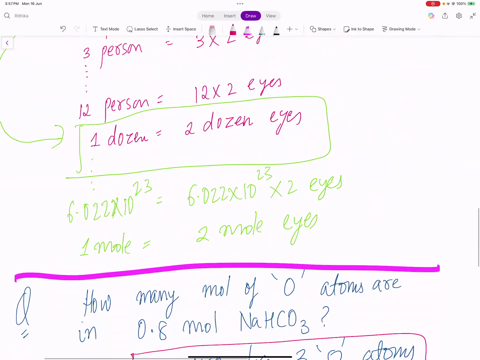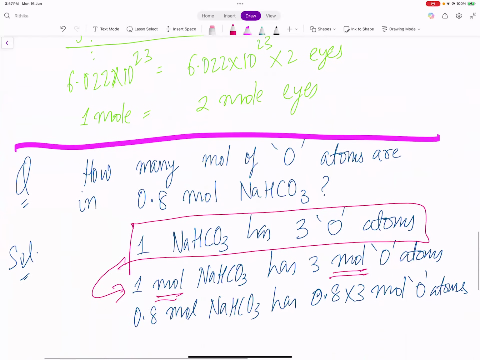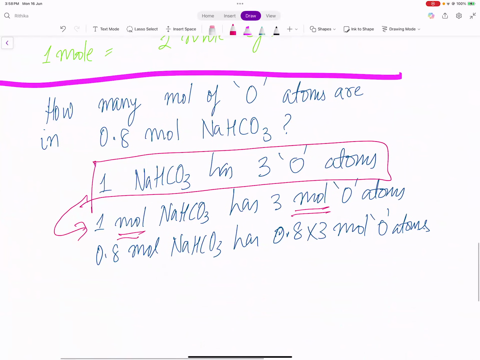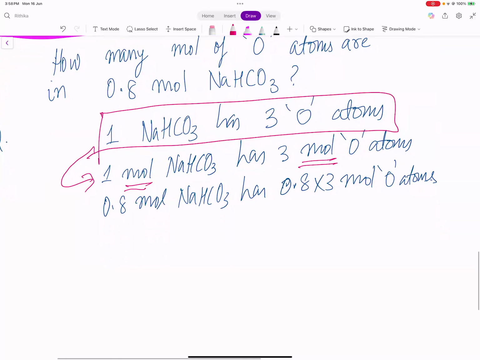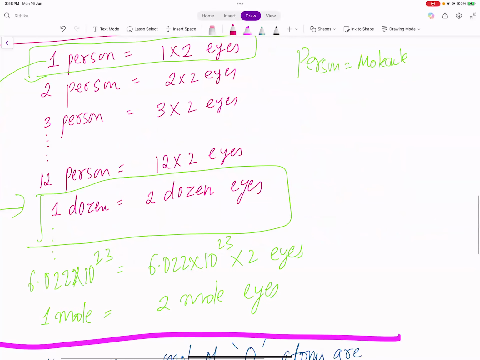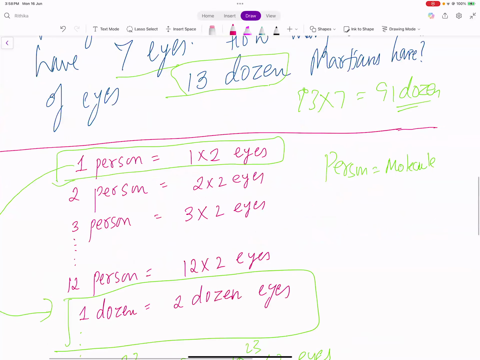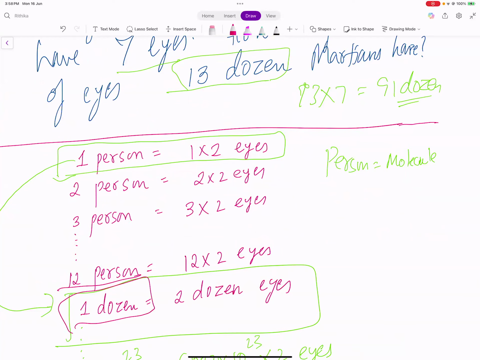I just don't get how you can say that it is the same as 1 mole of NaHCO3 and 3 mole of oxygen. You are asking how we are able to say this? See, because one NaHCO3, just like what we learned, if one person has two eyes, then 1 dozen persons will have 2 dozen eyes, right?